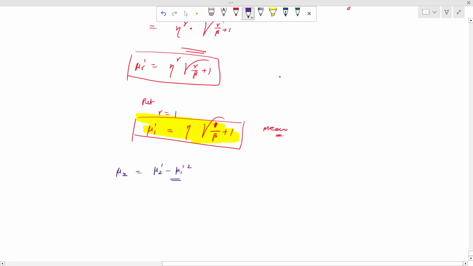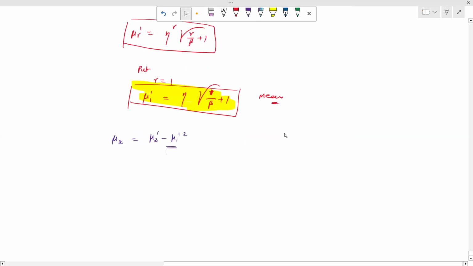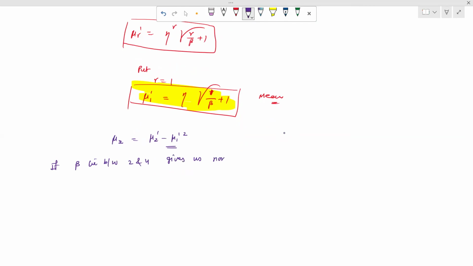Now we talk about the shapes. When we talk about the shapes, this is very important. If beta lies between 2 and 4, this gives us an approximately normal shape.